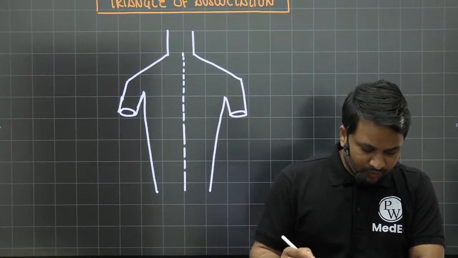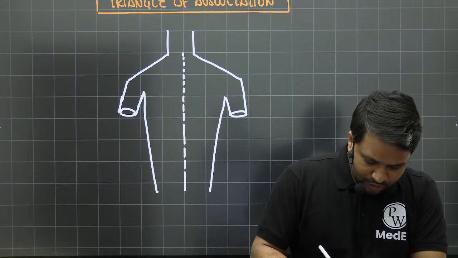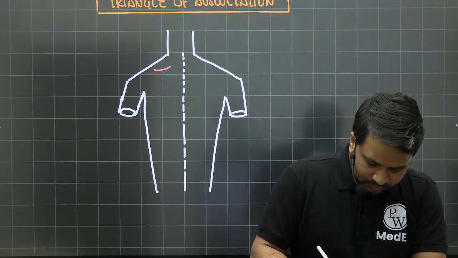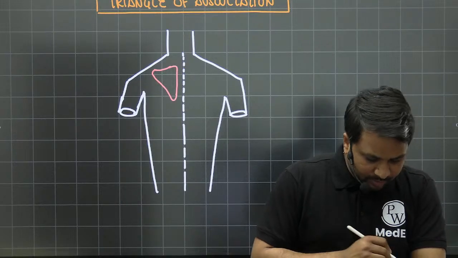Now, what is the triangle of auscultation? Let's say this is the representation of the scapula. This is the tip of the scapula.